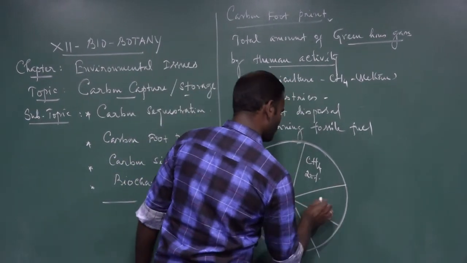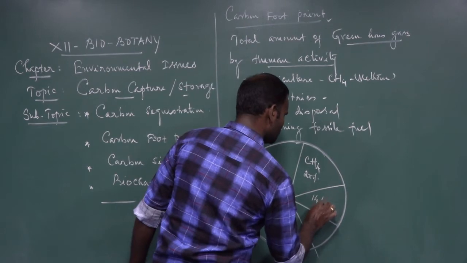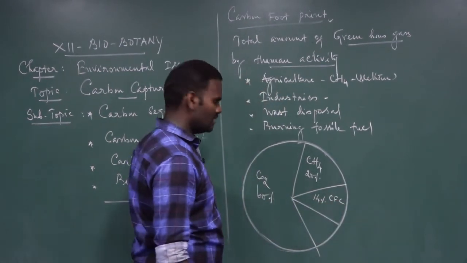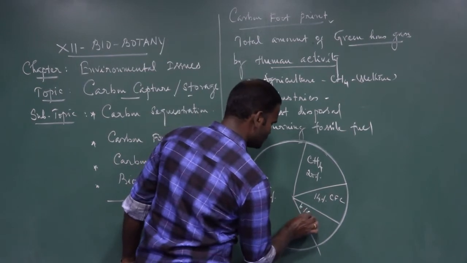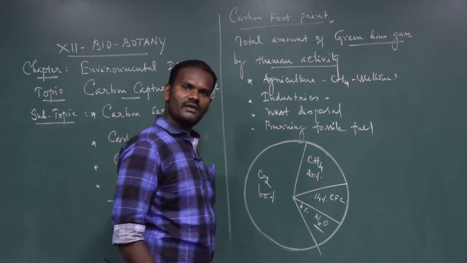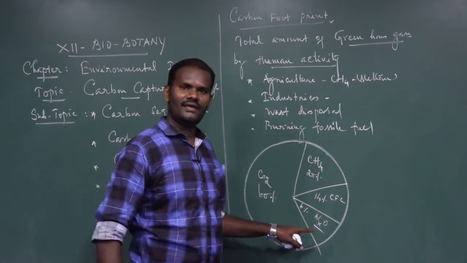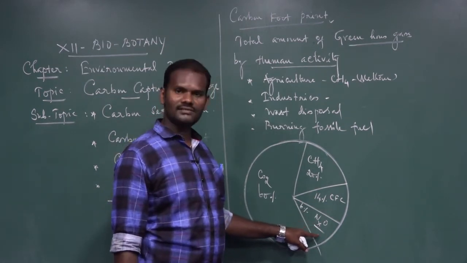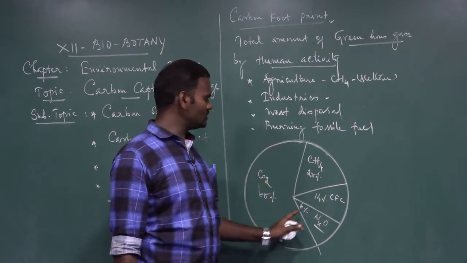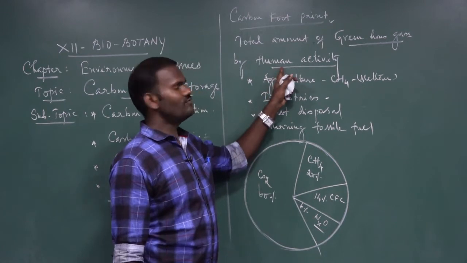The next 14% is by chlorofluorocarbon, and the remaining 6% by nitrous oxides. So these are the total greenhouse gases emitted because of human activities.